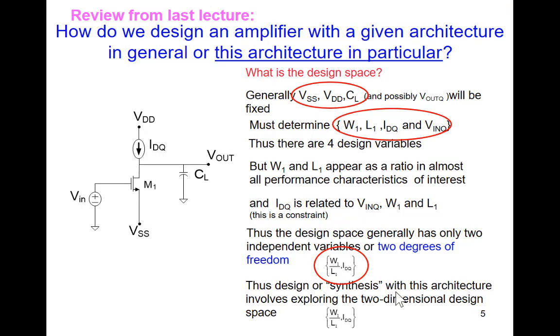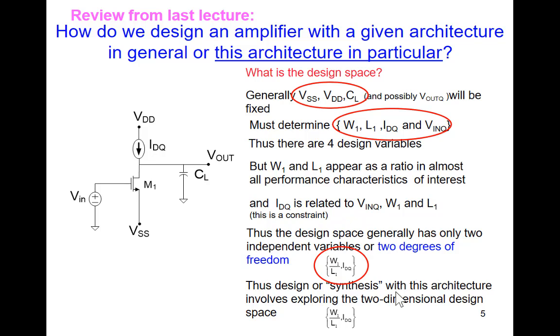we're most concerned about. We looked at the design space, and we saw that to design this circuit, we needed to control or determine what the dimensions were of the device, the quiescent input, and the quiescent drain current. So there were four design variables we had to work with.